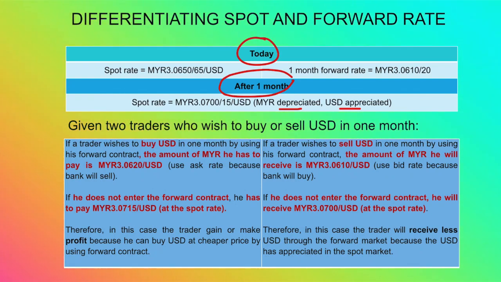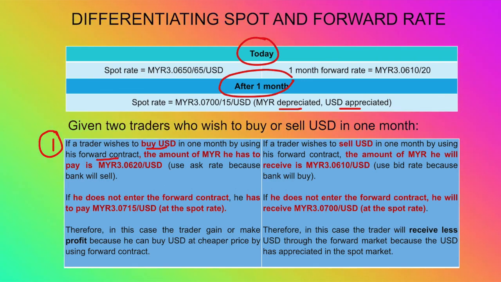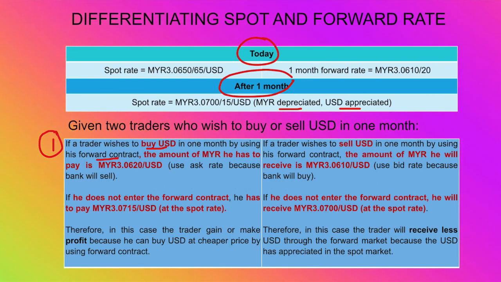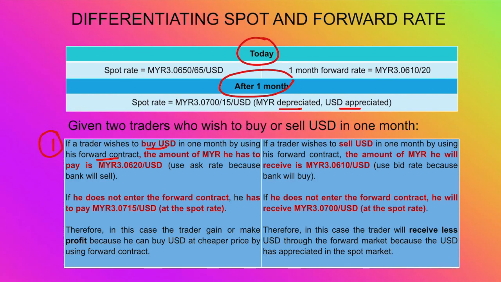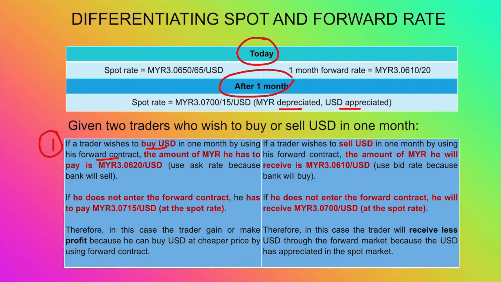Okay. First, this is the first situation. If a trader wishes to buy USD in 1 month by using his forward contract, the amount of Malaysia Ringgit he has to pay is 3.0620, this one.